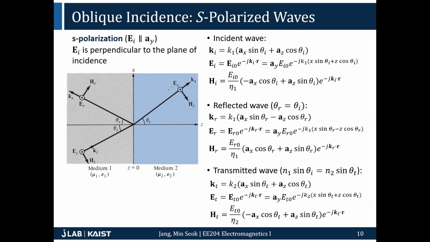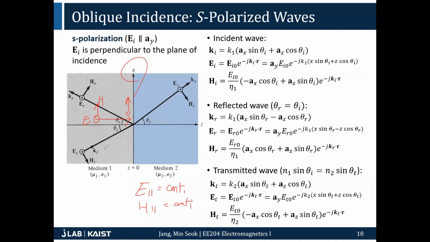But here, what you need to be careful about is that in normal incidence, your electric field and H field are both parallel to the surface. So the only boundary conditions you need to apply are that E parallel is continuous and H parallel is continuous.